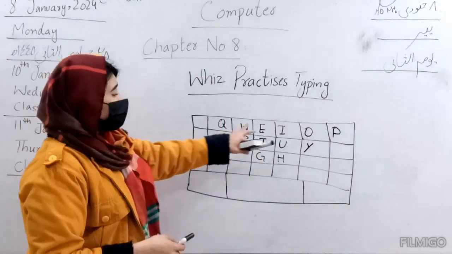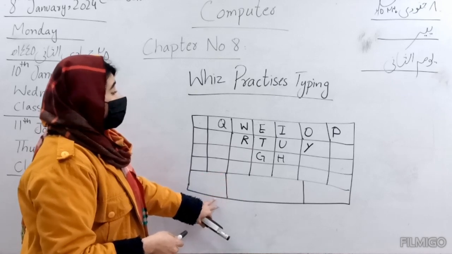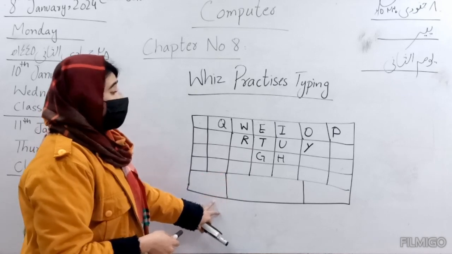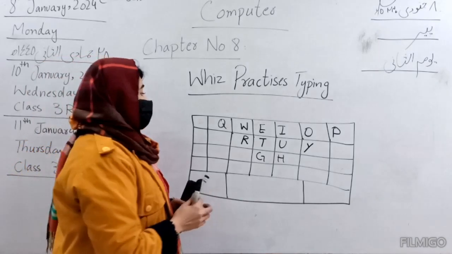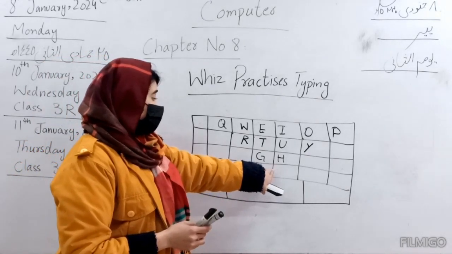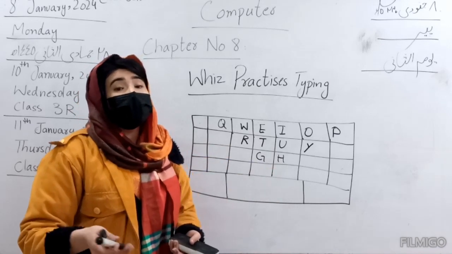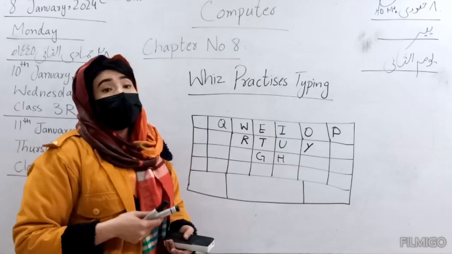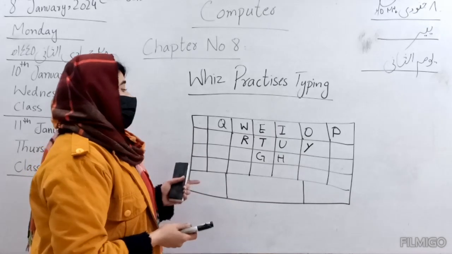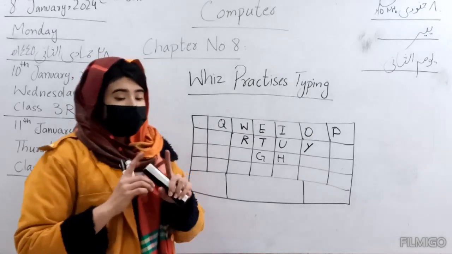So these are some important keys to learn how we have to type. Firstly we remember that G and H are the first keys, or we can say it's the first step to learn how to practice or how to type. So G and H are the keys for which we use the index fingers.